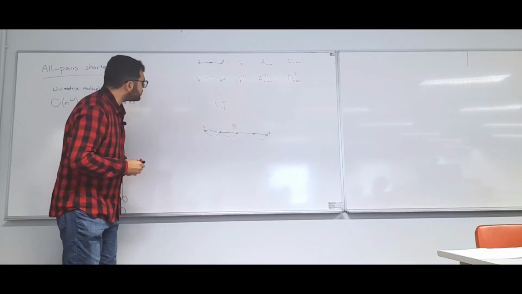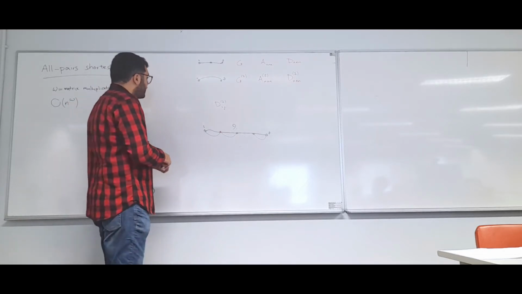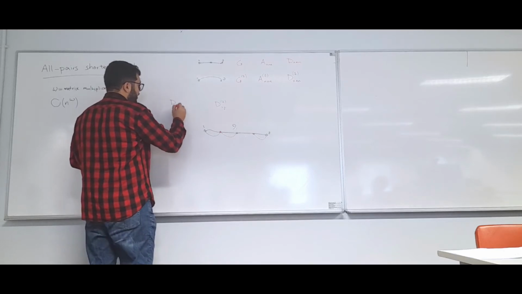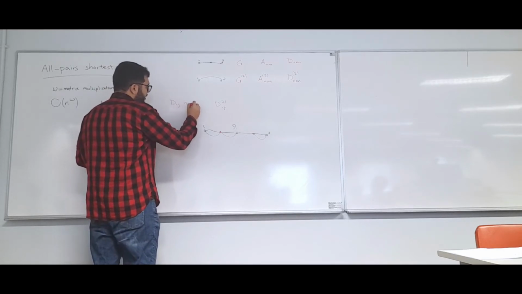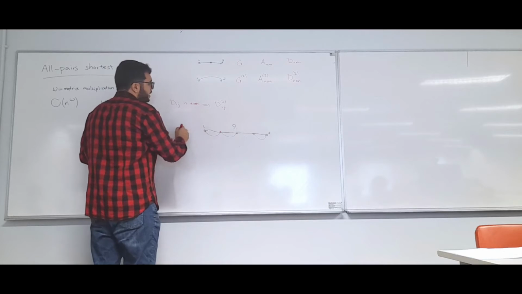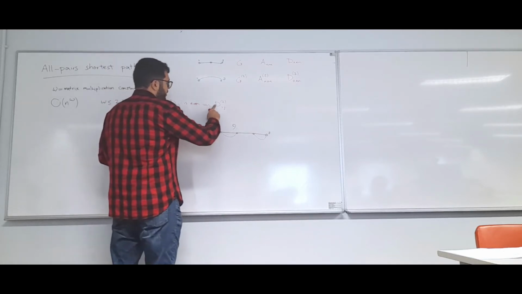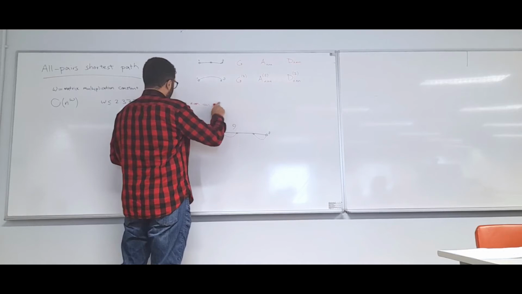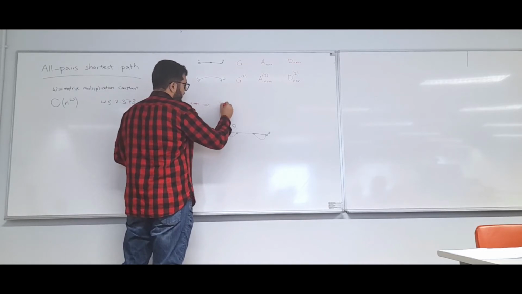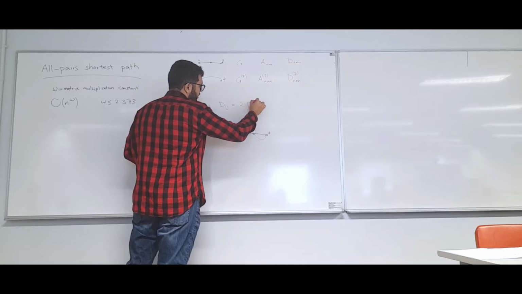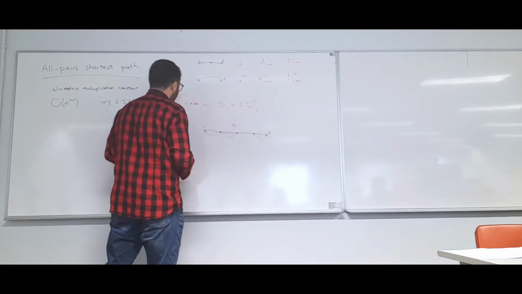Okay, so I have two cases. I can say that if the original distance from i to j is even, then this distance would just be half of it. So if it's even, then the distance from i to j is just twice the new distance from i to j.